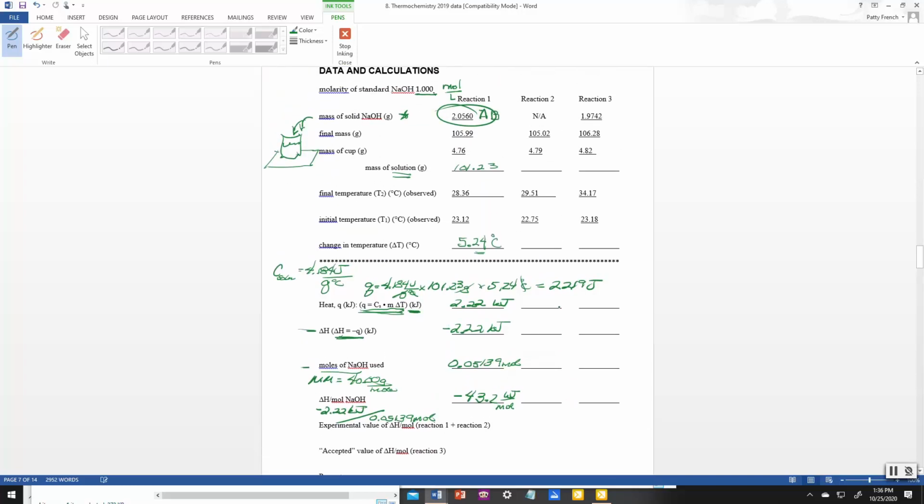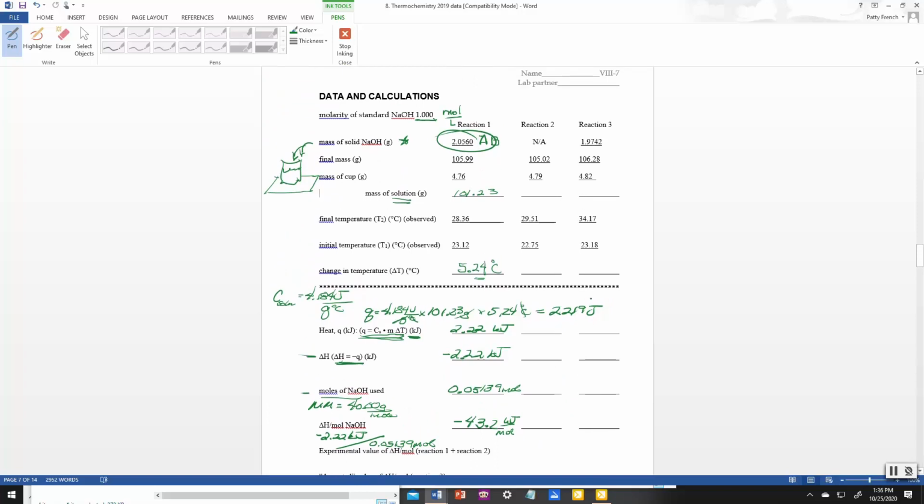All right, so we're going to try reaction 2. Now in reaction 2, we combine two solutions. So I took my mass on my top loader balance of my coffee cup, and then I added the two solutions to it. 50 milliliters of HCl, just using your graduated cylinder, and 50 milliliters of NaOH were combined for this reaction.